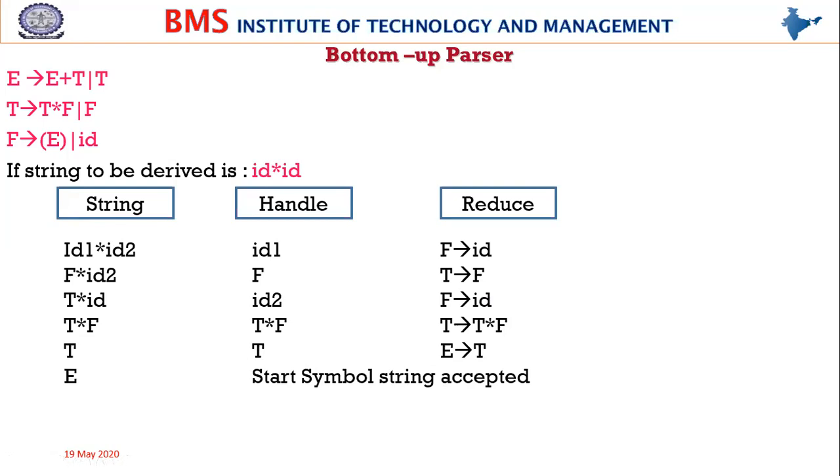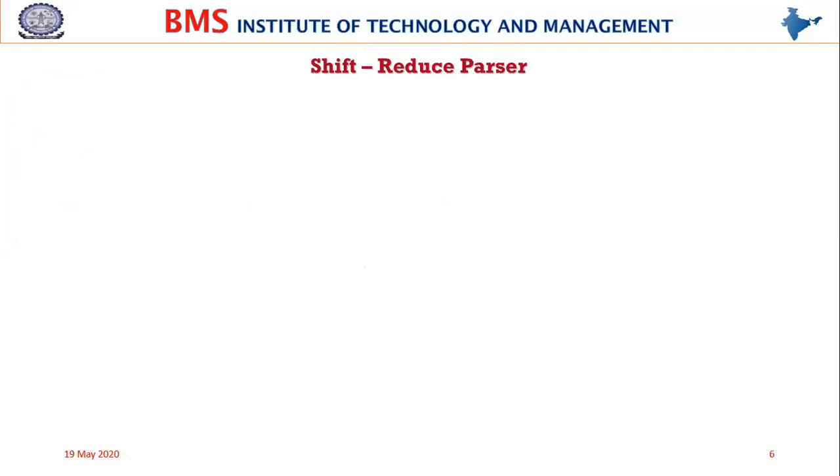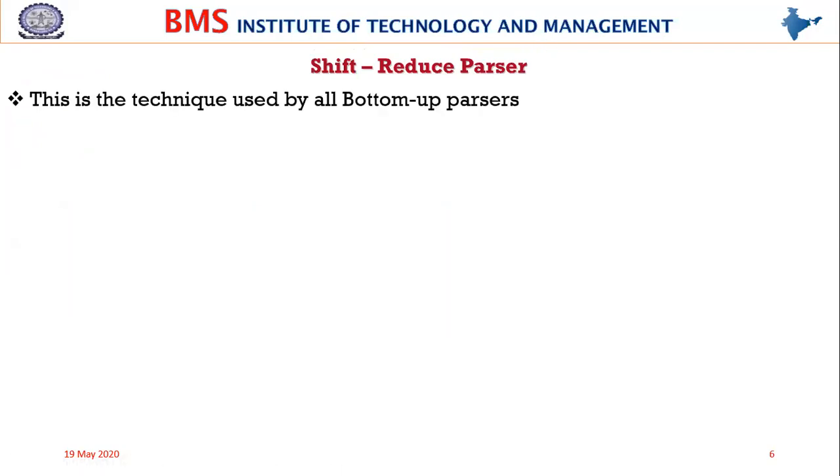This is how we can do the bottom-up parsing, but the only difference is that we have obtained the LMD, but we are supposed to obtain the rightmost derivation. Fine. Okay, proceeding further. All bottom-up parsers are implemented by using a technique called shift reduce parsers.